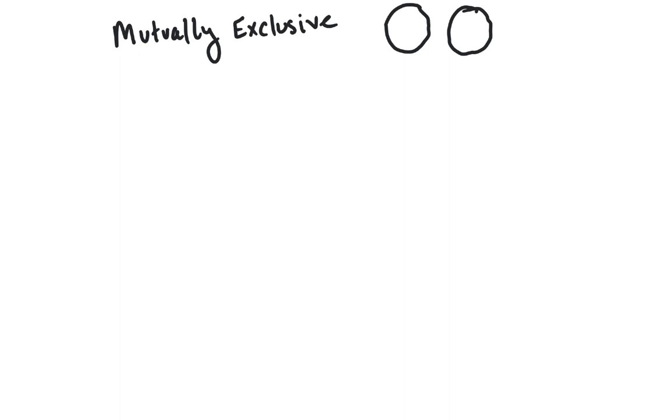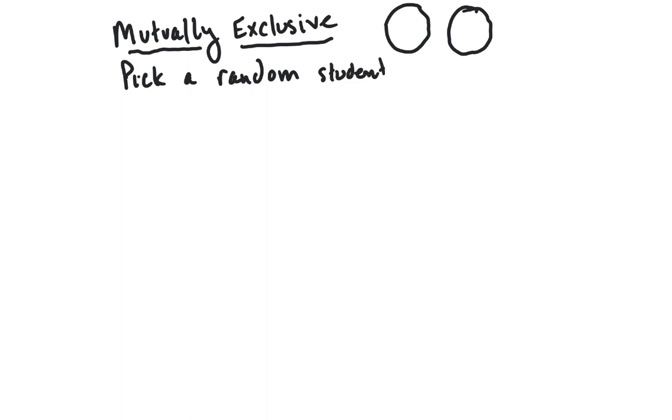One easy example would be, let's say you pick a random student at school. What is the probability they're in Algebra 2 and geometry?